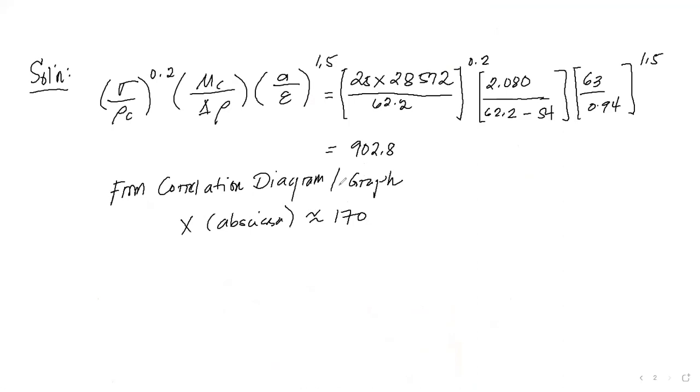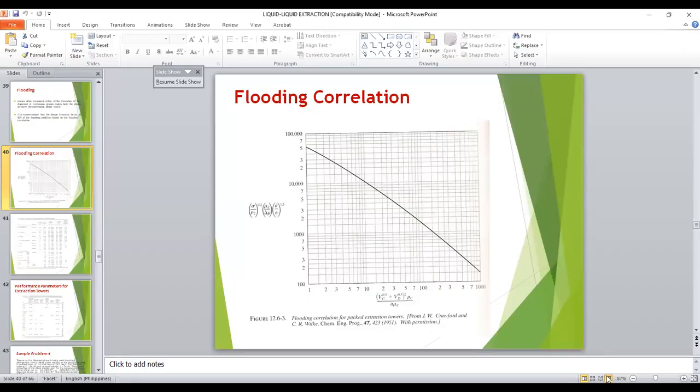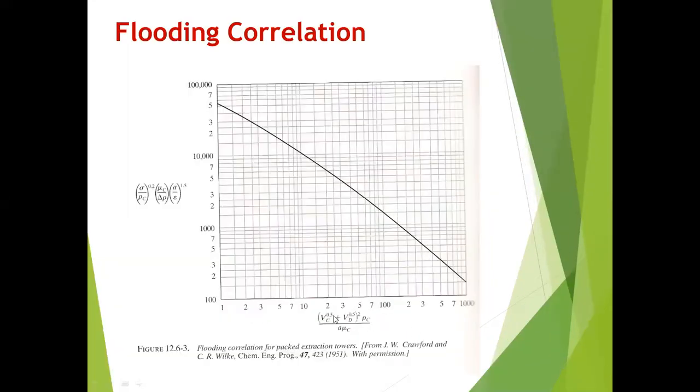Okay, your abscissa is more or less 170. So this 170, based on what's seen on the diagram, should be equated to those set of parameters. Okay, let me show to you. So your set of parameters in this case will be the V sub C raised to 0.5 plus the V sub D raised to 0.5, the sum of which will be raised to 2 multiplied by rho C over A mu C. Okay, so 170 will be equated to this set of parameters.